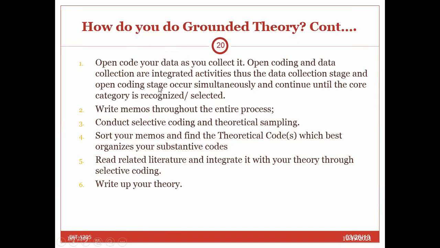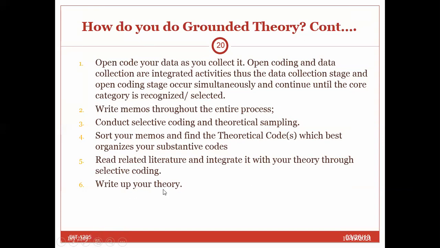So steps 1 to 4 are all part of the qualitative data analysis process, which we shall look at in detail. But the point is, you analyze this data. Then step 5, you read related literature and integrate it with whatever theory you got from your data. And then after that, you can write up your theory.